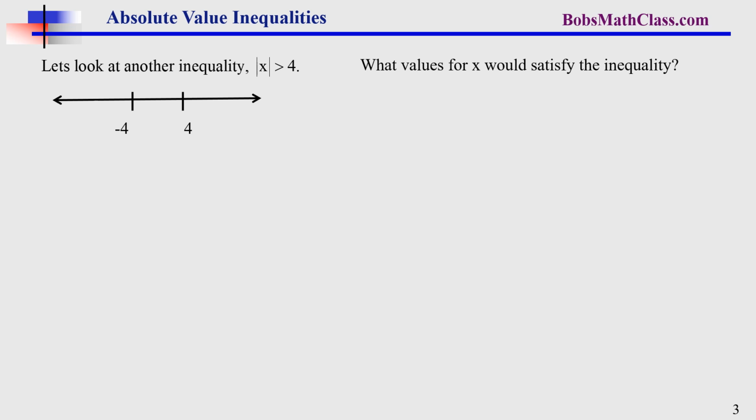Not 4 again because it doesn't have the equals. So just after 4, 4.5, 4.1, 4.01. So do you see why we don't start at 5? Sometimes people will put 5 on the number line, but then you're excluding 4.5 and 4.1. So you still put 4 on the number line.